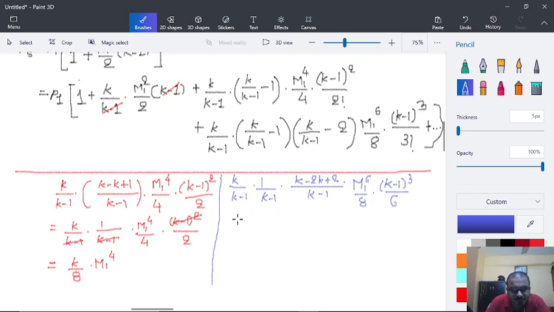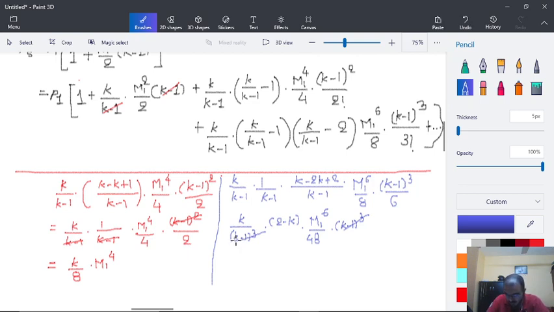So further working on this, we will get k divided by k minus 1 cube into 2 minus k, divided by, here we will not put anything, m1 raised to 6 divided by 8 into, actually we can put 48 directly, and here it will be k minus 1 cube.